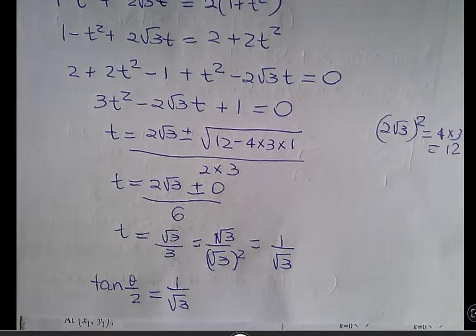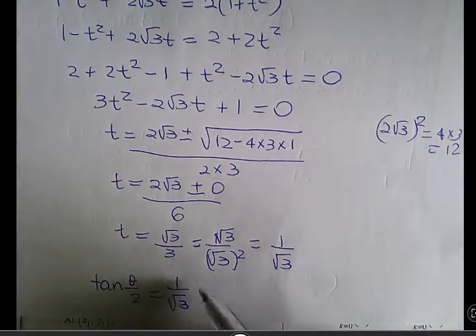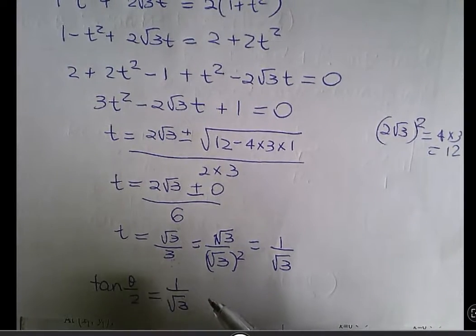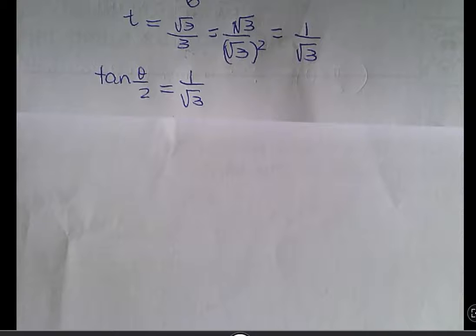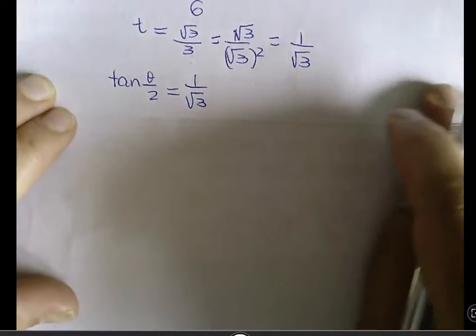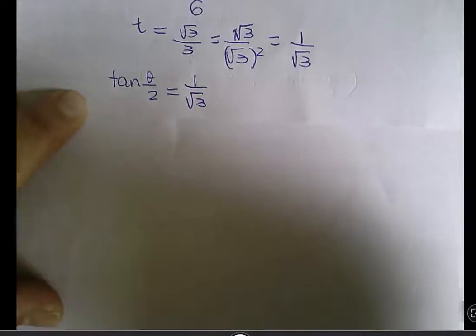Right, but you're probably thinking, but miss, tan theta on 2 is positive in quadrants 1 and 3. You should be getting 2 answers. But we're not going to get 2 answers because we are not solving tan theta is 1 on root 3. We're solving tan theta on 2 is 1 on root 3. Yes, I know it's quadrants 1 and 3, but you need to change your domain.